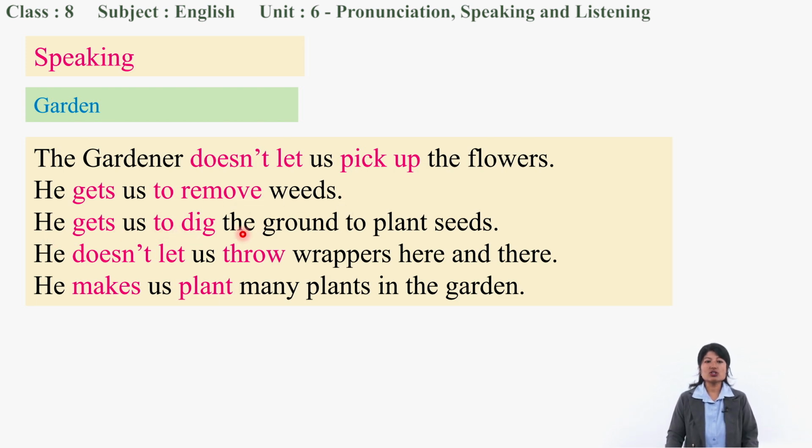He gets us to dig the ground to plant seeds. He does not let us throw wrappers here and there. He makes us plant many plants in the garden. Okay, so about the garden we can write like this.